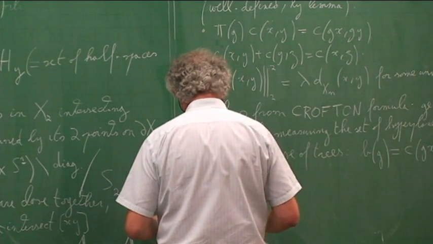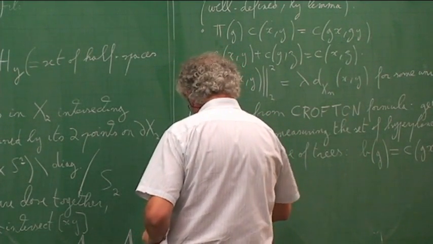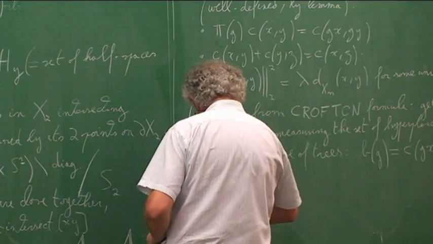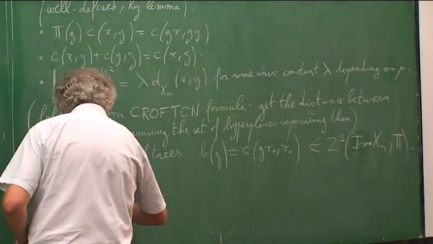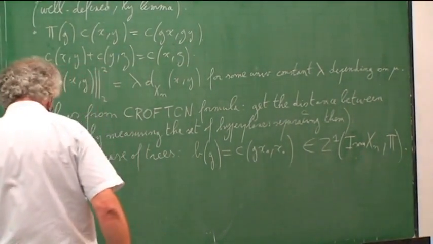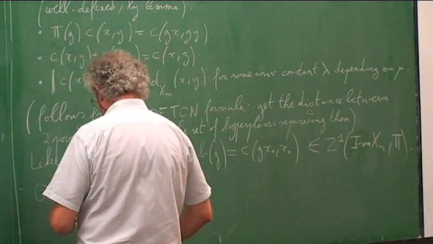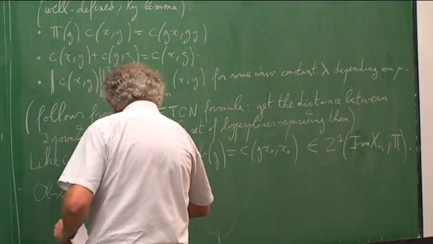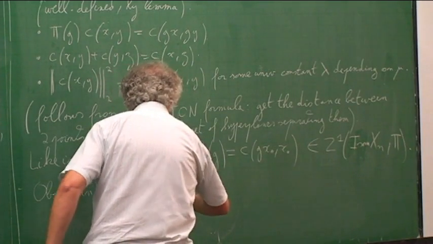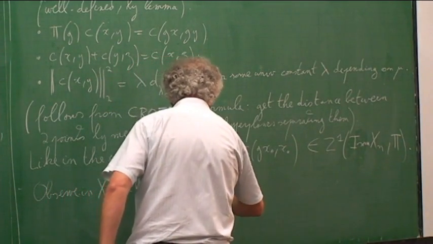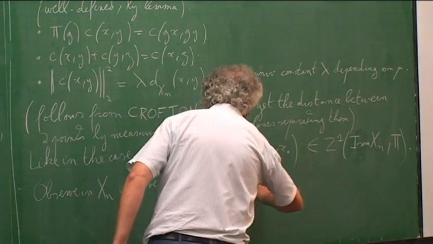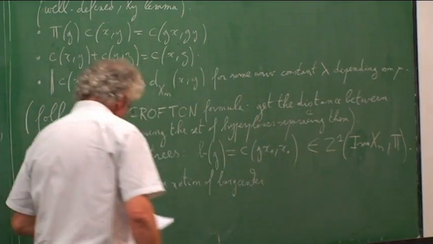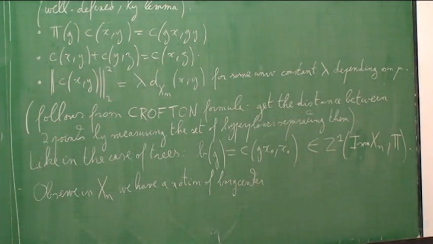Because in Xn we have the notion of barycenter, just like in Euclidean geometry.